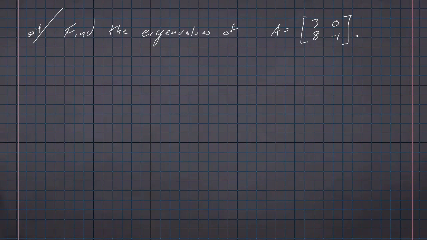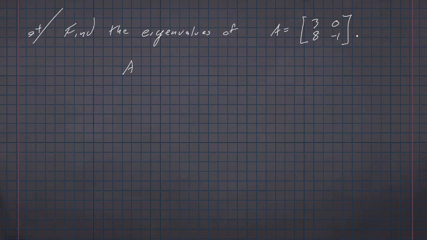All right. So let's consider a 2x2 matrix to start with. 3, 0, 8, negative 1. This is a 2x2 matrix. We're asked to find the eigenvalues.